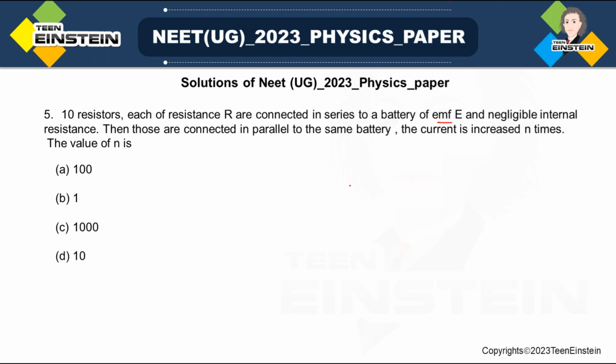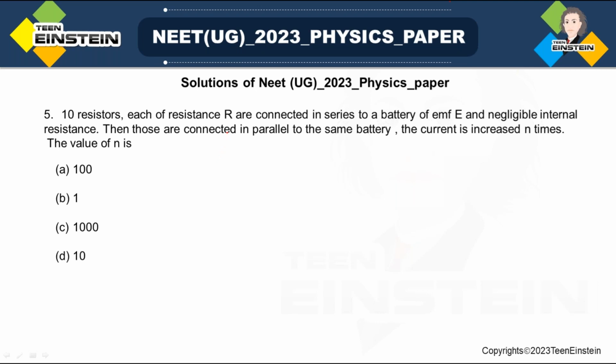That means if you consider this is the battery, and with that there are 10 identical resistors connected in series. All right, fine. Then those are connected in parallel to the same battery. The current is increased n times.